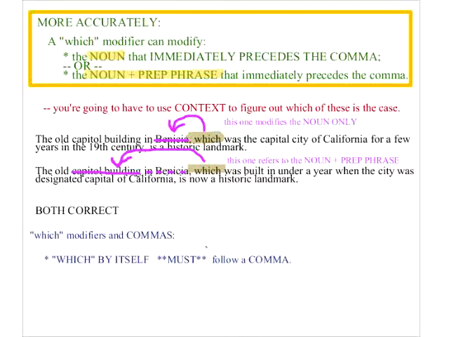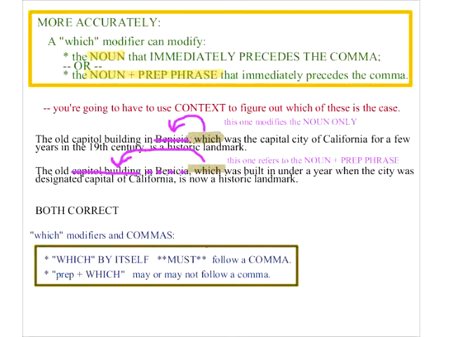On the other hand, a prepositional phrase, or preposition plus which, may or may not follow a comma. That's your rule. So, they're not going to split.